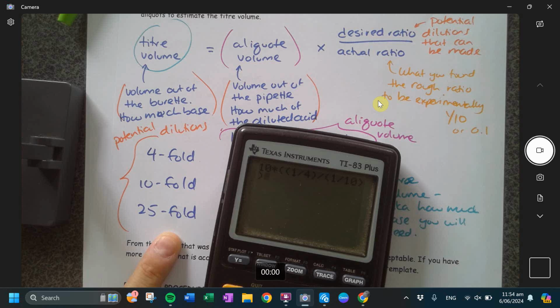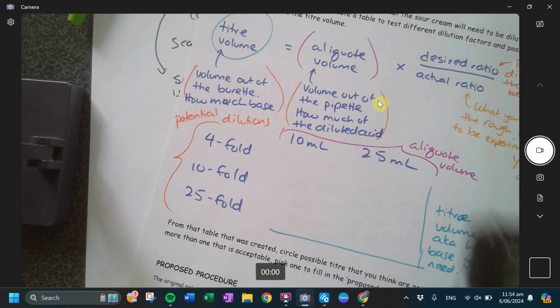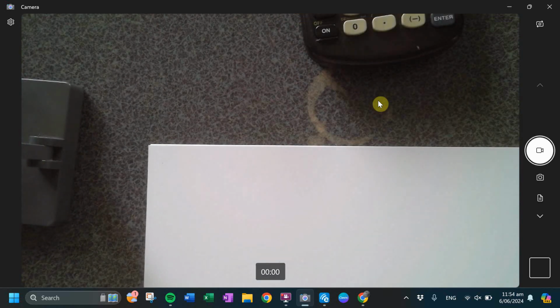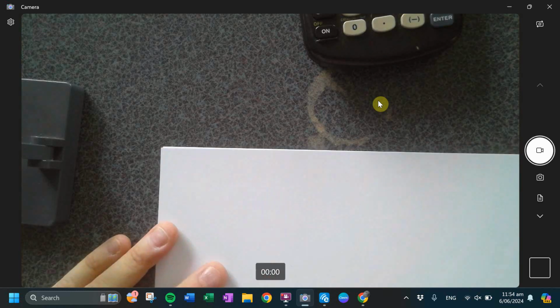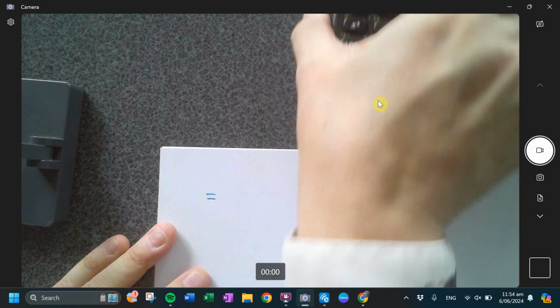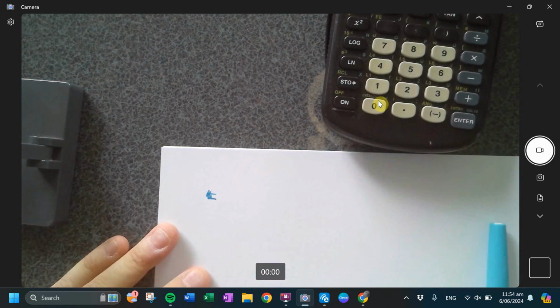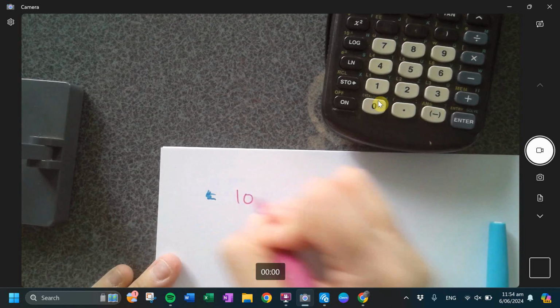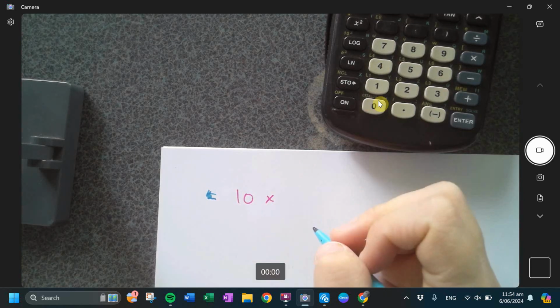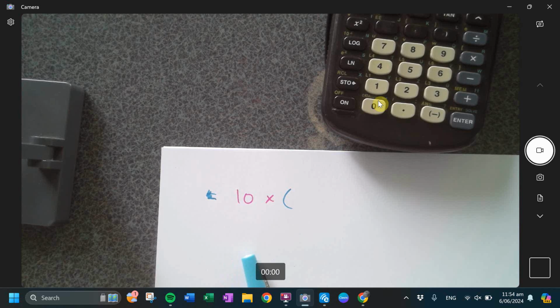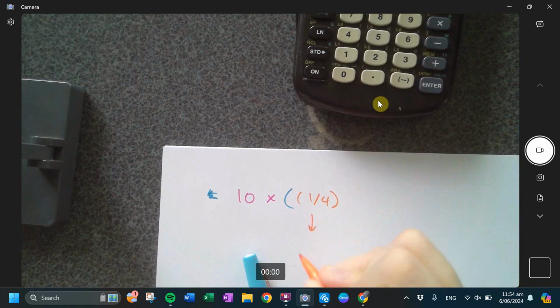Do you guys want me to write it out so you can see what I mean? Okay, so what I've just entered into my calculator: I'm taking the number 10, which is my aliquot, and I'm multiplying it by, and then I'm doing some open brackets, my desired ratio is 1 in 4, or if you want, you can enter it as 0.25.